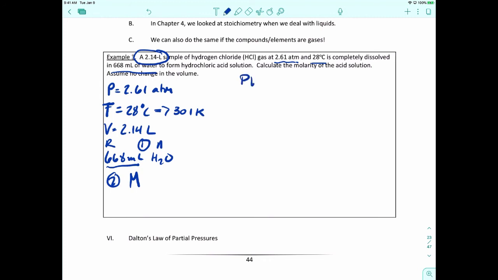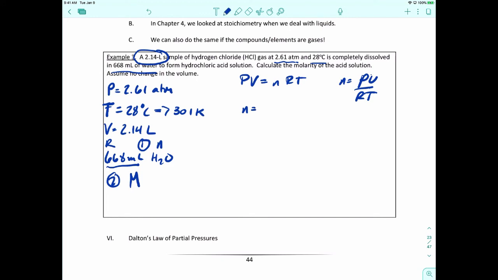Let's get the ideal gas law, PV equals nRT. We're going to divide both sides by RT, so that way N is by itself. So we get N is equal to PV over RT. All right, we got our letters, we got our numbers. Let's pop everything in.